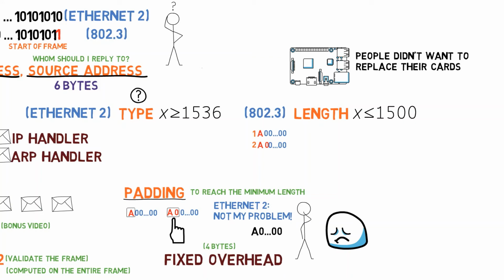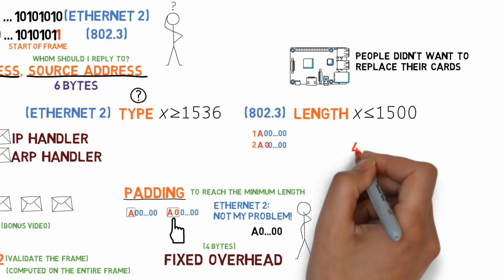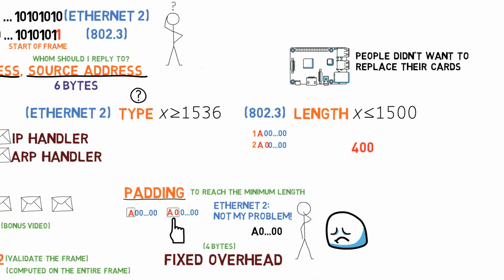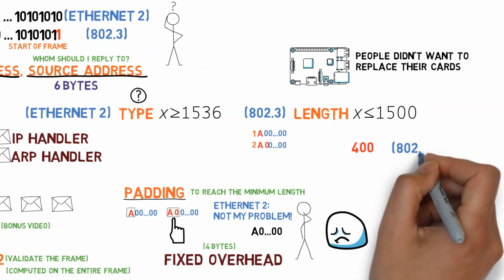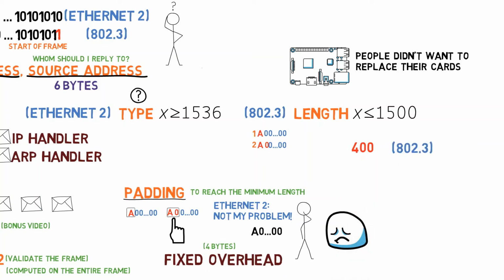For example, if we see a frame where the value of this field is 400, it is clear that we have an IEEE 802.3 frame, which is 400 bytes long. Now you try. In case we see a frame where this field is set to 20, is it an Ethernet 2 frame or IEEE 802.3 frame?